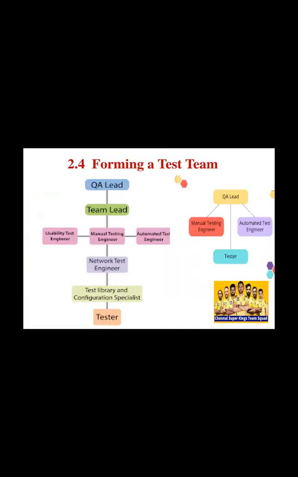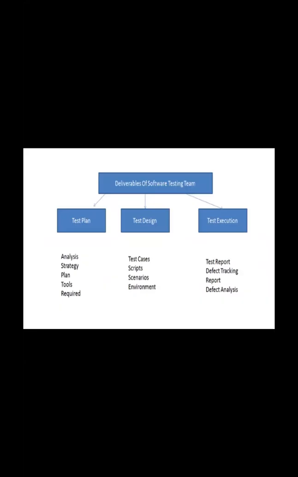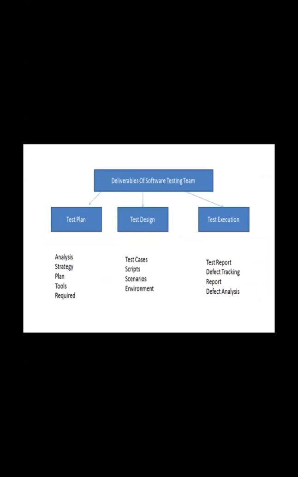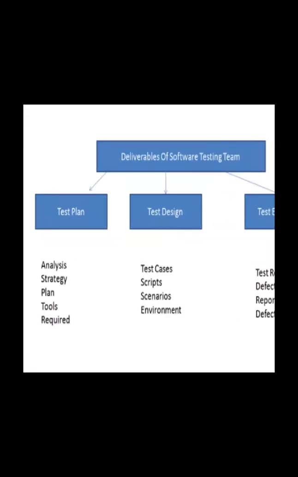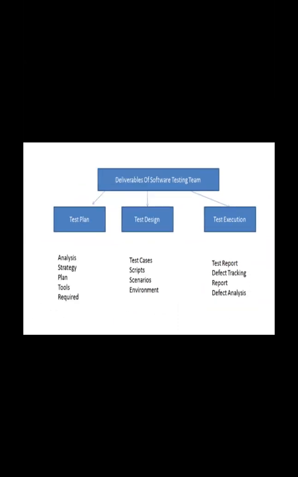Then we discussed the major topic called forming a test team. While creating a test team, who are all the team members of the software testing team. Then we discussed the roles and responsibilities of test plan, test design, and test execution process.